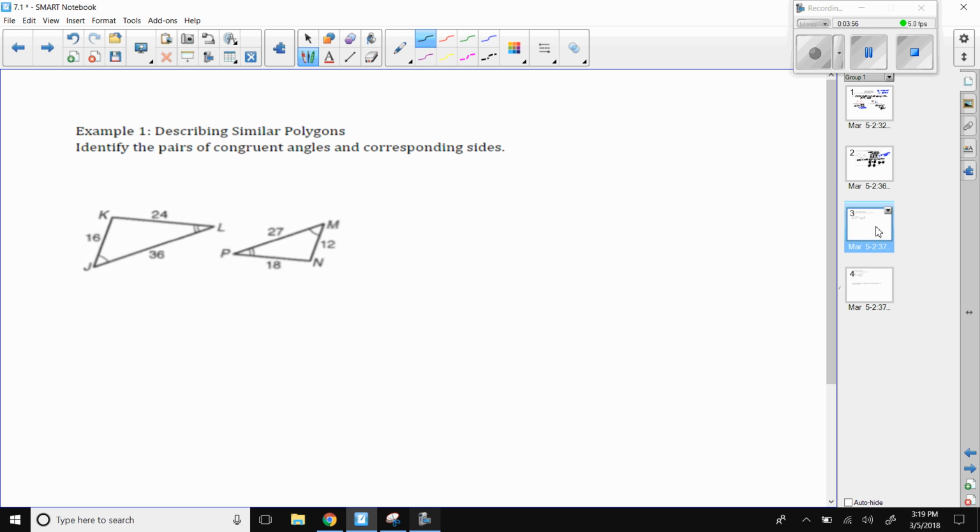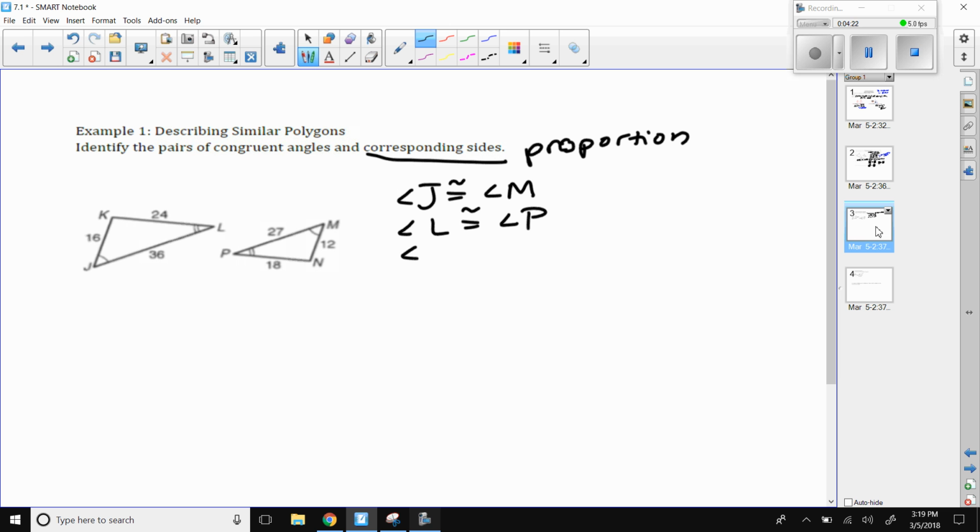Okay, so for describing our similar polygons, we want to identify the congruent angles and the corresponding sides, so the ones that are going to go together. And for this right here, we want to write a proportion. That's what this is asking us. So write a proportion for this after you talk about the congruent angles. So I see here angle J will be congruent to angle M, angle L will be congruent to angle P, and lastly angle K will be congruent to angle N. Okay, and then a proportion that I can write for this using both the letters and the numbers that I have.